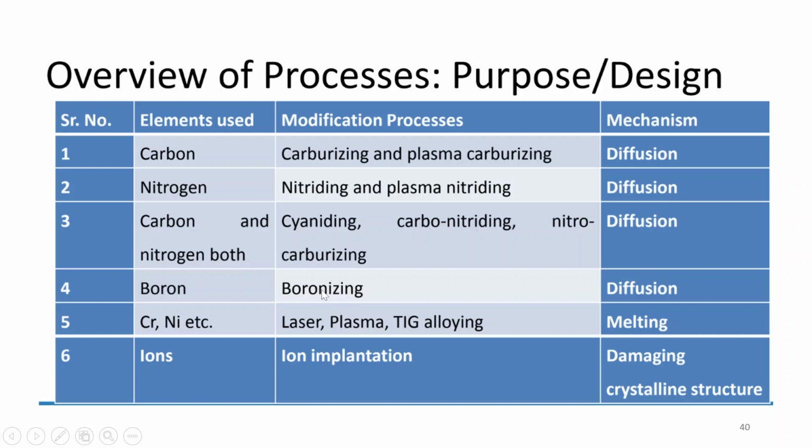Next we have boronizing, which has boron element and also uses diffusion. And we have laser, plasma, TIG alloying. These all use chromium and nickel and they use a melting mechanism. Ion implantation uses ions and the mechanism is damaging the crystalline structure.